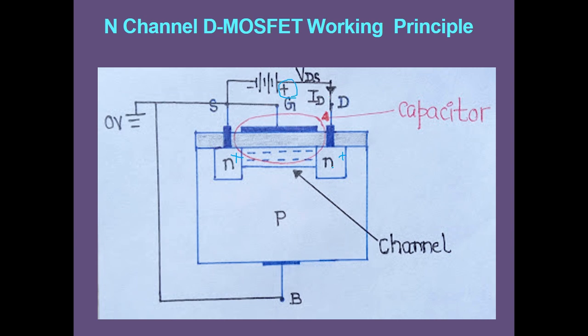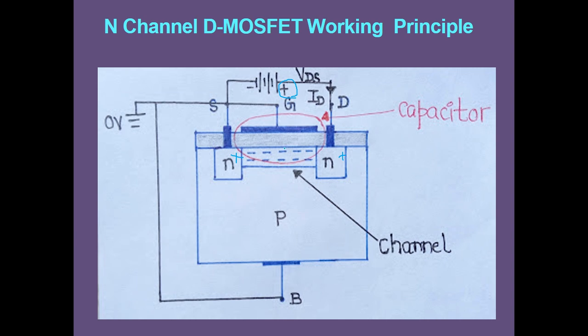The electrons present in this N well will be attracted, and because the source is negative, negative and negative repel, so they move towards the positive polarity of the drain terminal, thereby creating a channel.